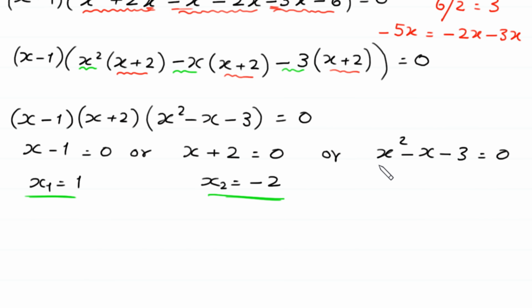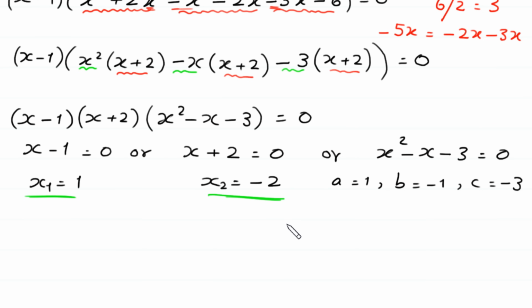This is not factorable, so we solve it by the quadratic formula. In this equation, a is equal to 1, b is equal to negative 1, and c is equal to negative 3.